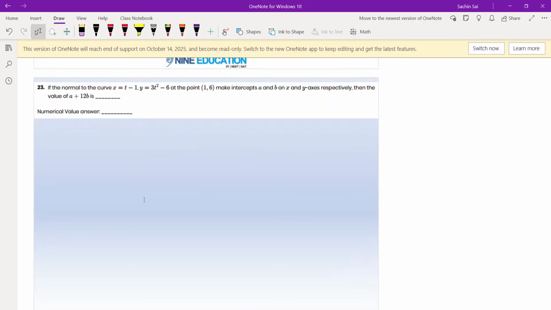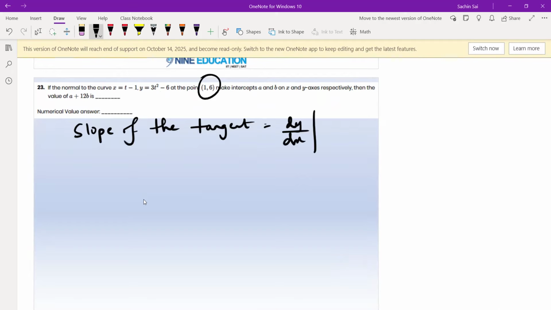Question 23, normal to the curve at the point 1 comma 6 makes intercepts. Okay, so how do you find the normal to a curve at a point, right? So the point is given, you need to find the slope of the normal, right? First, let's find the slope of the tangent, right? Slope of the tangent is dy by dx at 1 comma 6.